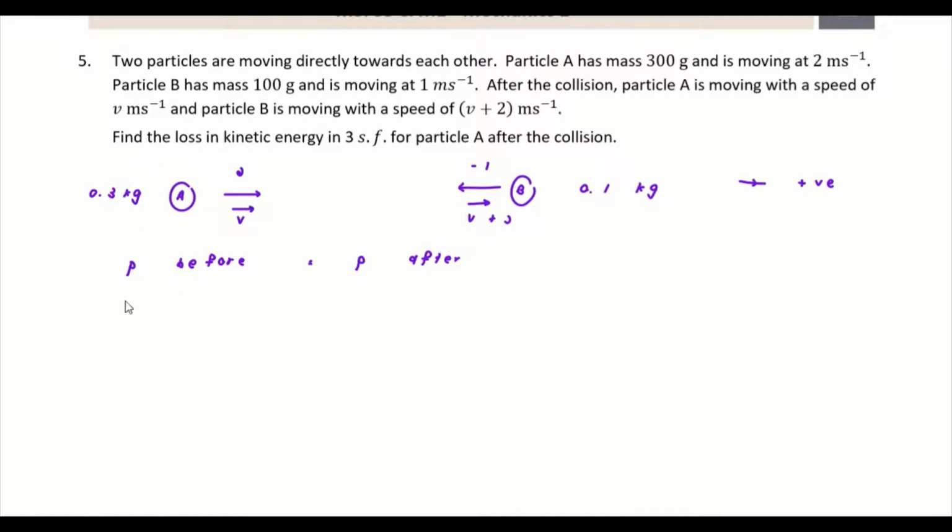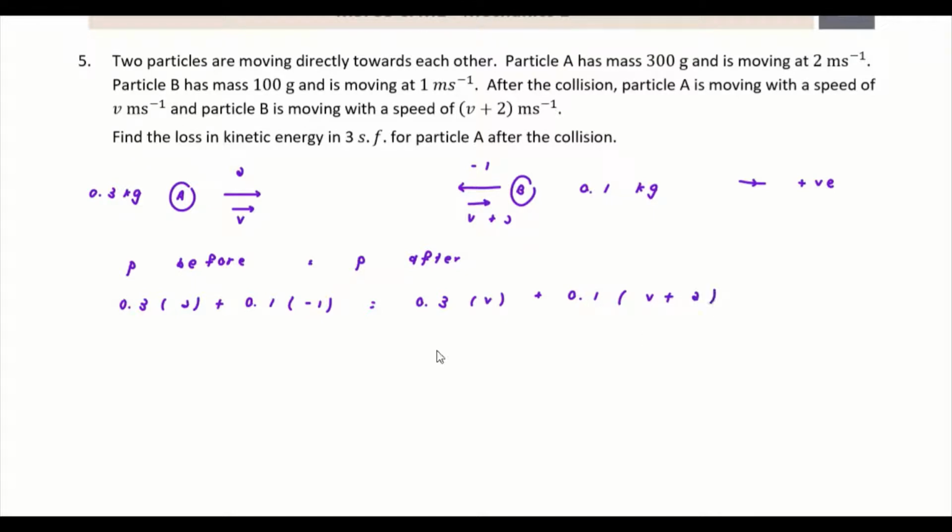So for this case, we have the mass 0.3 times 2, plus particle B, 0.1 times negative 1, for the velocity, equal to the final. So 0.3 times v, plus the other part, 0.1 times v plus 2.